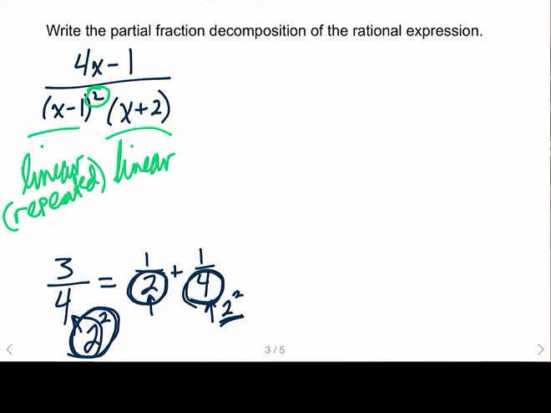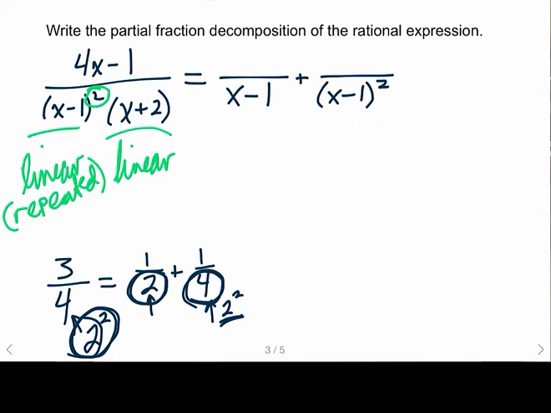The punchline here is that when we have a repeated factor, such as (x minus 1) the quantity squared, we need to write down a fraction that has x minus 1 as a denominator, and we need to write down another fraction that has (x minus 1) the quantity squared as a denominator. We have to take into account the various powers that could show up.